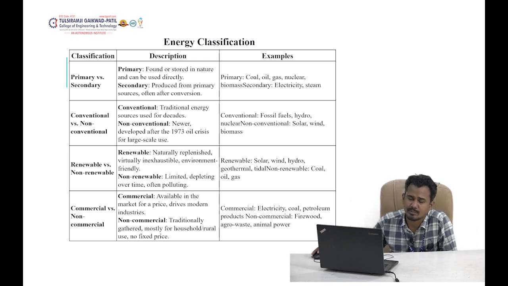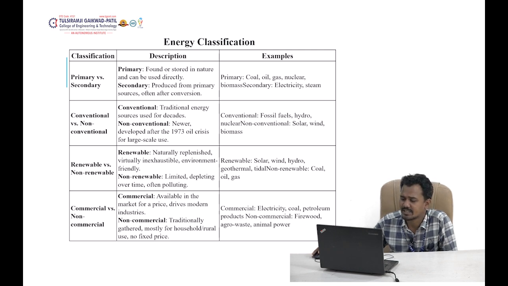The third classification is renewable versus non-renewable energy sources. Renewable sources are naturally replenished, virtually inexhaustible, and environmentally friendly. Renewable means they can renew themselves, but non-renewable sources are not able to renew themselves. You can see the examples for this also.